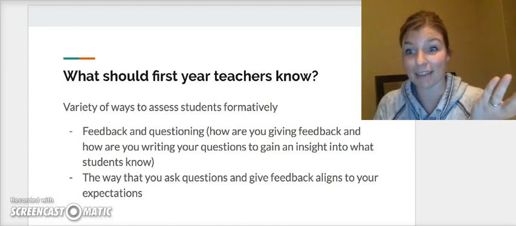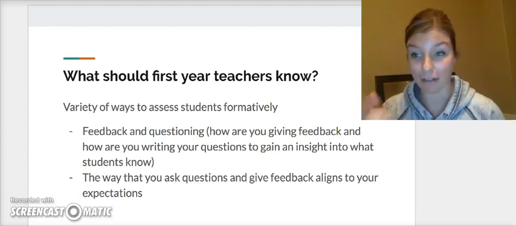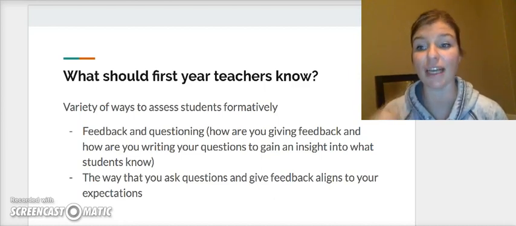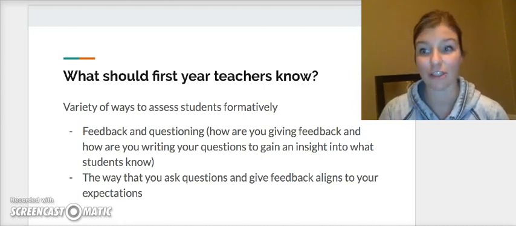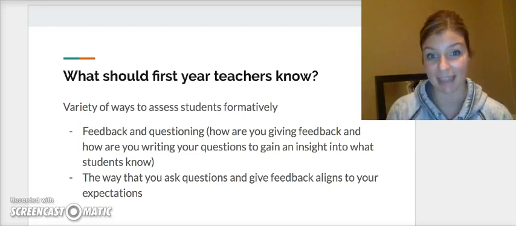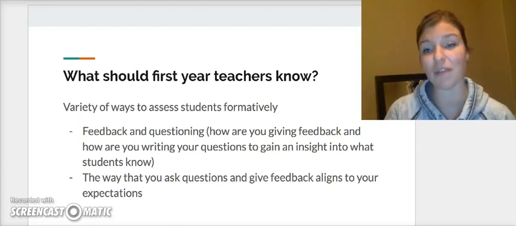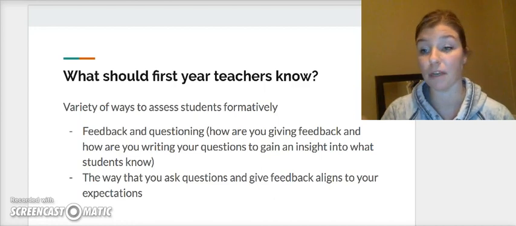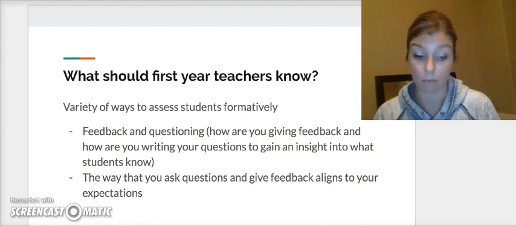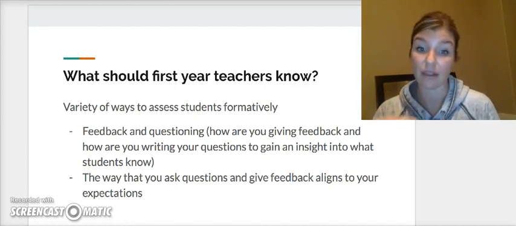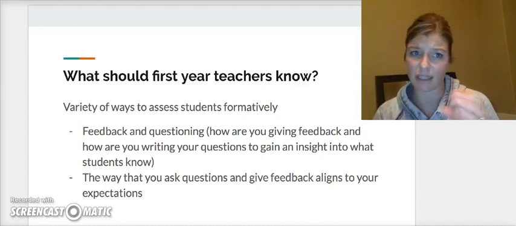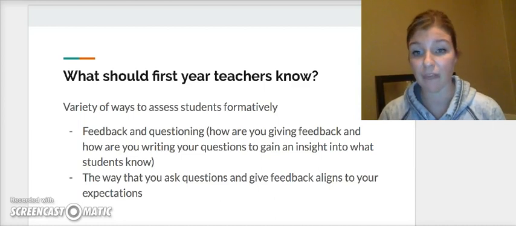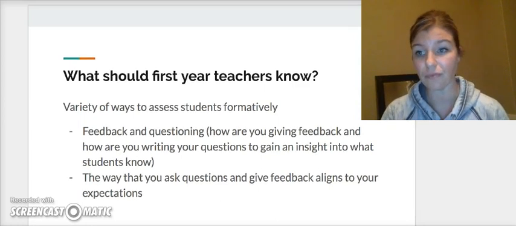What would you expect? But if you are the teacher and you're helping me in your classroom understand fractions, you're going to give me feedback, questioning, helping me to understand fractions. Feedback could be a new lesson. It could be looking at my work and then pointing out things that I'm doing really well and things that I need to shift, like maybe I'm not understanding a part of fractions. So that feedback piece is huge.